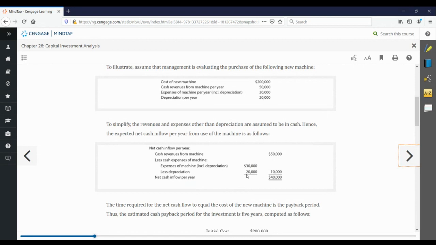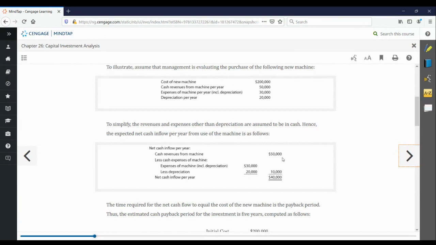There's no cash outflow associated with depreciation, so they are subtracting it from the total of their expenses, and that will leave them with the expenses that they believe they will have to pay some cash for, and those expenses are $10,000.